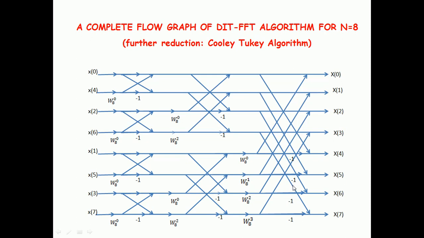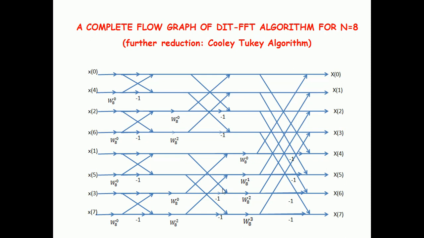So totally we have the number of multiplications in the DIT FFT flow graph as 24. Okay, so this is how the number of additions and number of multiplications are calculated with respect to the flow graph of the DIT FFT algorithm by considering N as 8.